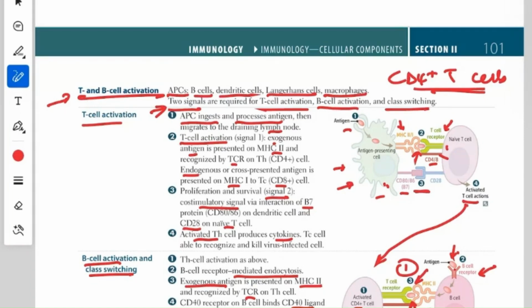The second signal is between CD28 on the T cell and CD80 or 86 on the antigen presenting cell, also called B7. All right. So those two signals must happen for the T cell to be activated. And once the T cell is activated, it begins to secrete all kinds of cytokines depending on the activating stimulus, or the problem that initiated its activation. Okay, so I think that's it.